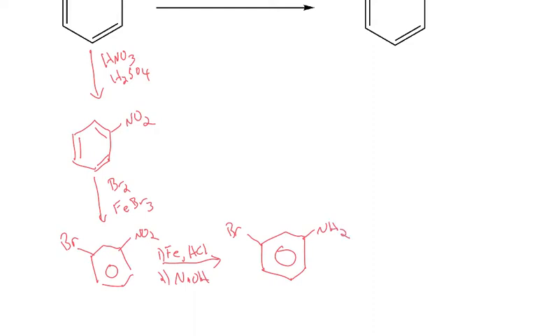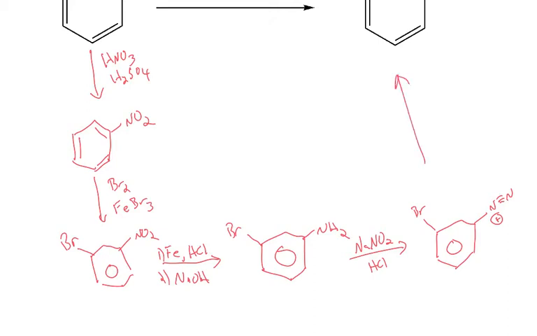Okay, now I need to convert this into a diazonium ion. All right, and the final step is to get my diazonium ion and replace it with a hydroxide.